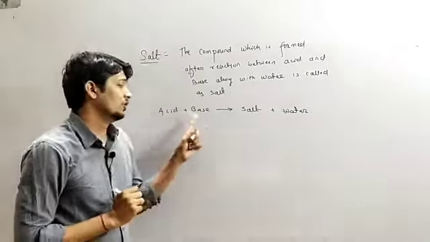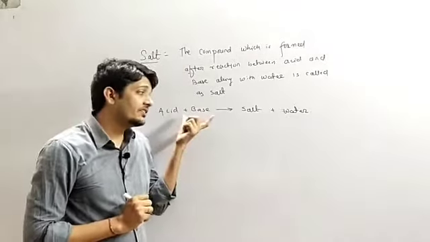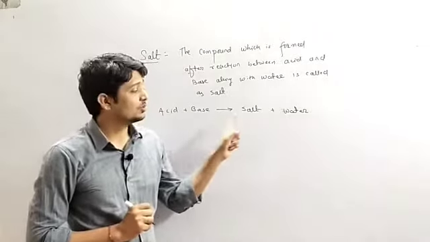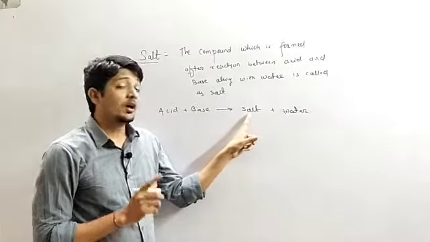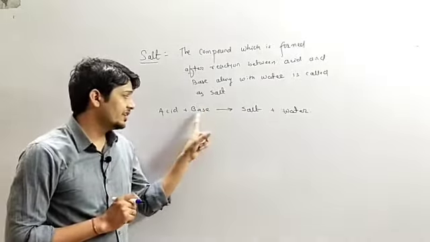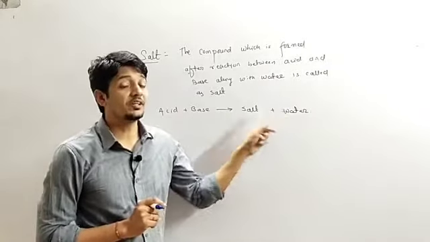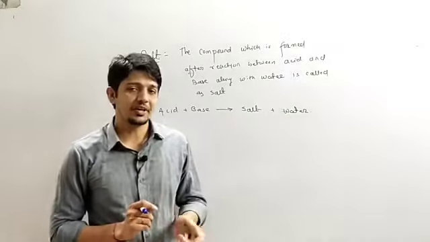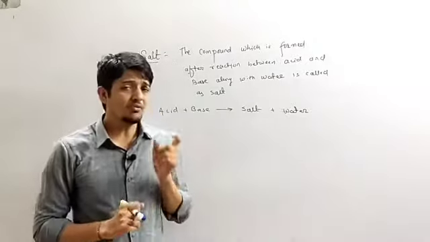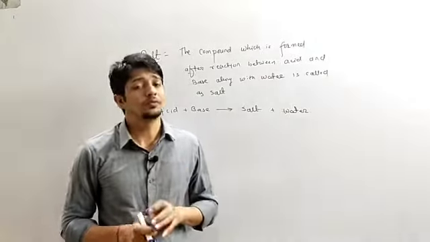Okay, so we can say it is the neutralization reaction. So the compound which is formed after the reaction between acid and base along with water is called as salt. Okay, so now we will understand the types of salt.